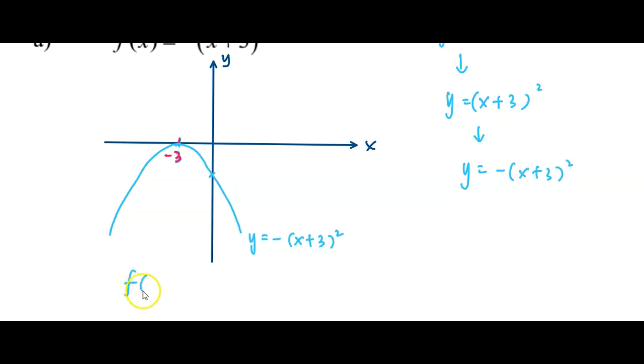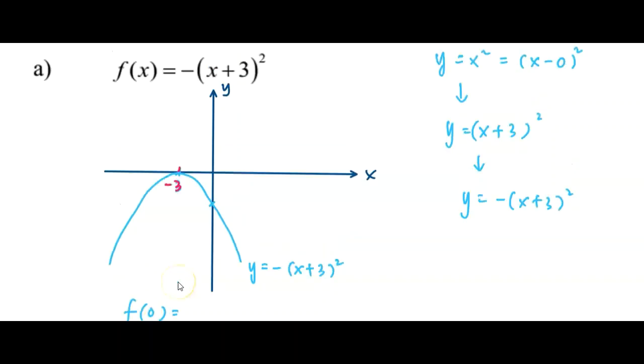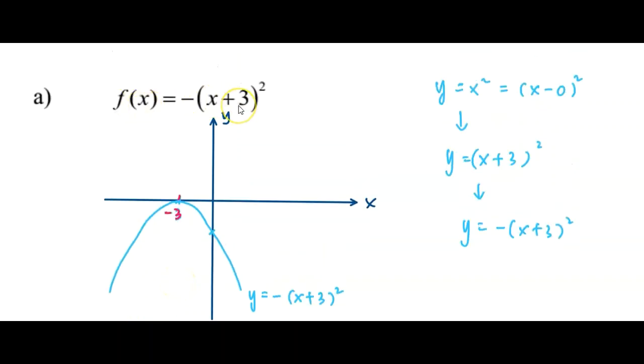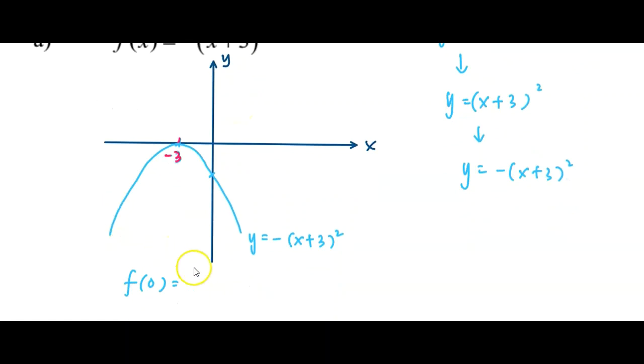The function is f(x) equals negative (x plus 3) squared. Substituting 0 into x, I have 0 plus 3 squared, which is 9, and with the negative you get negative 9. So negative 9 will be the y-intercept.